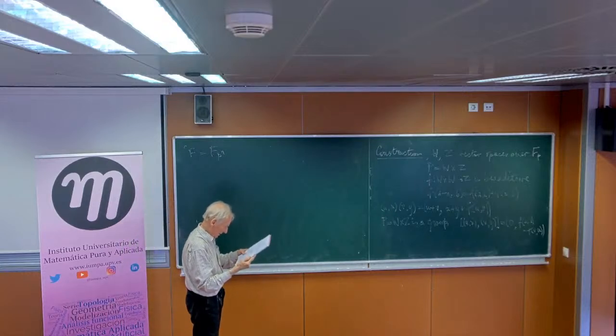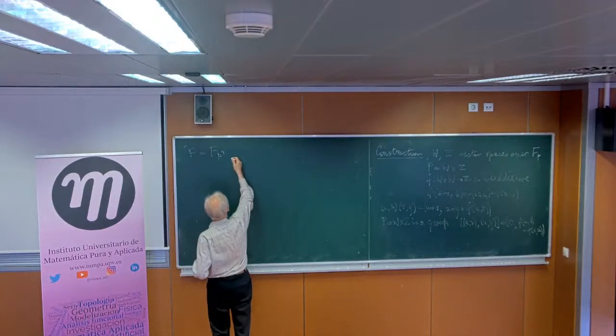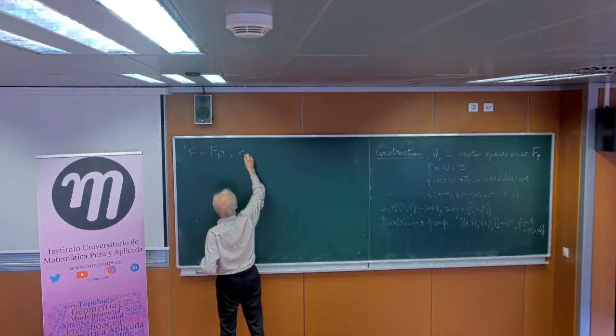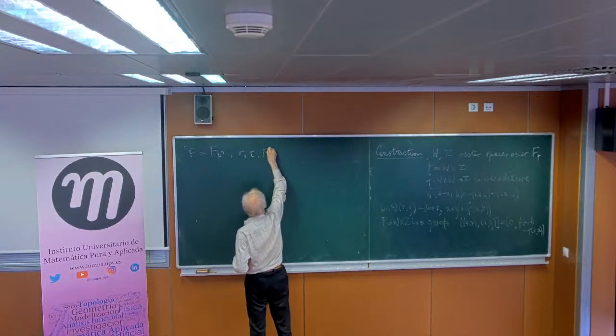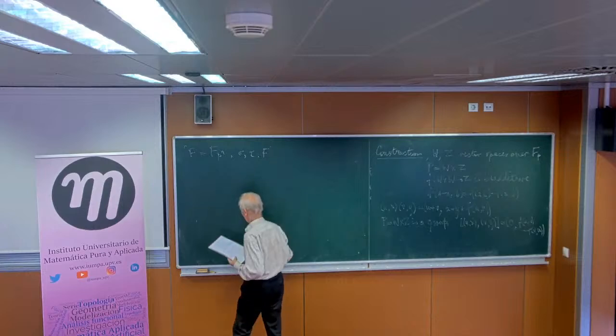And then what am I going to do? I'm going to define two maps, sigma and tau.